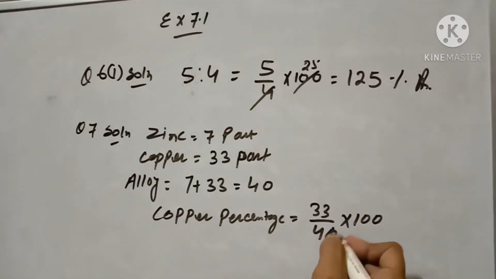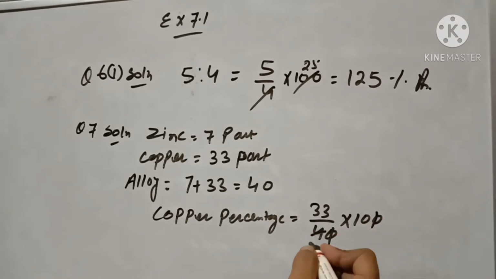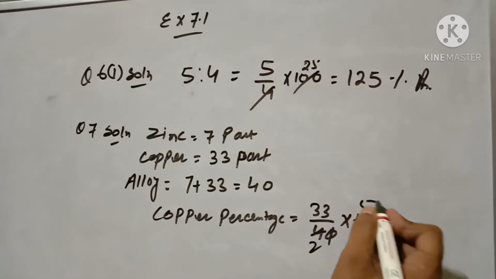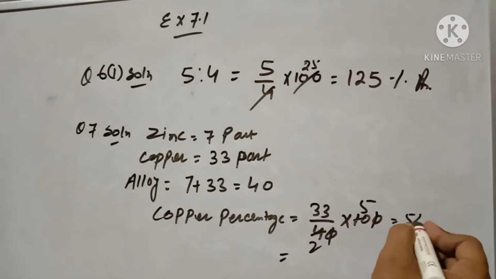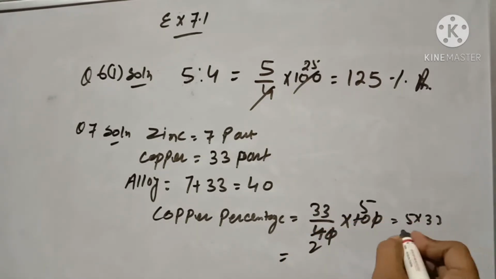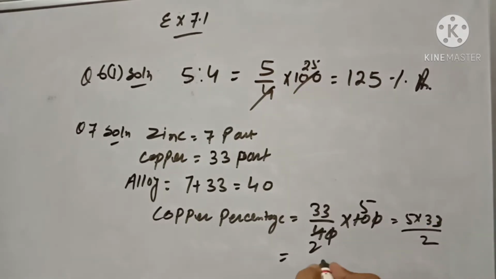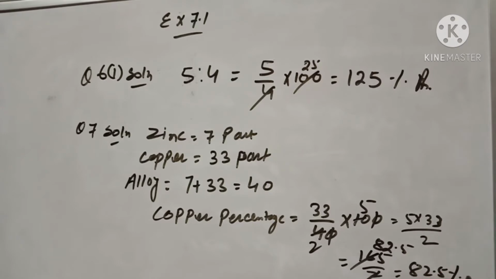So 0 0 cancel, this is 2 and this is 5. So 5 into 33 by 2 means 165 by 2, it will go 82.5, means 82.5%. This is our required answer.